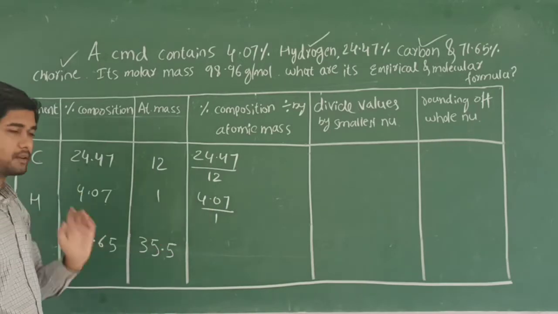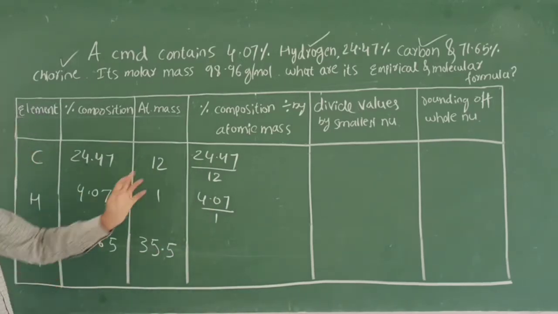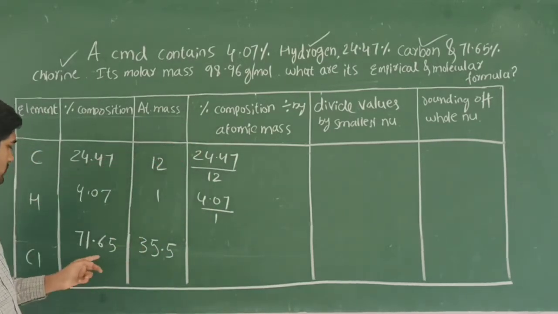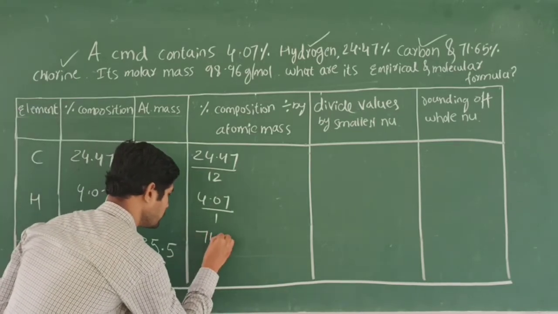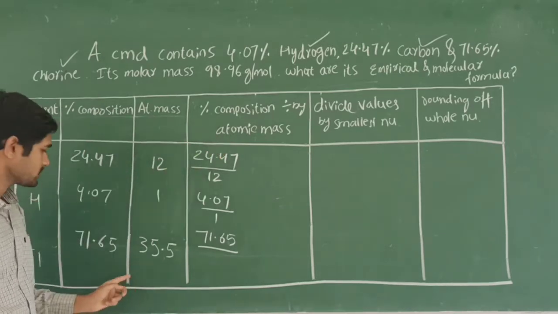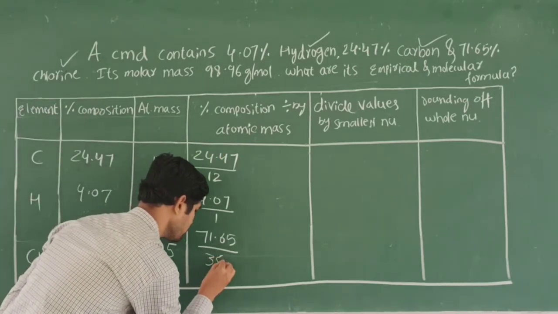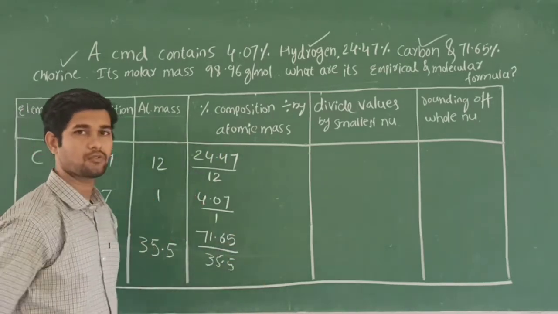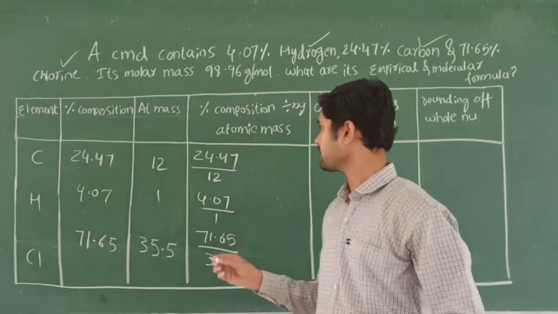You should divide by 1. Then come for the chlorine. Chlorine percentage composition has been given 71.65%, divided by its own atomic mass, 35.5. So we are going to convert like this.